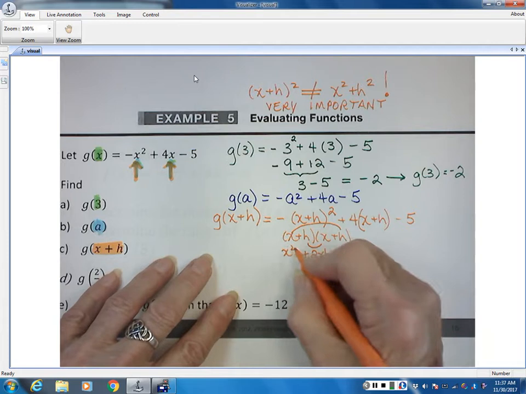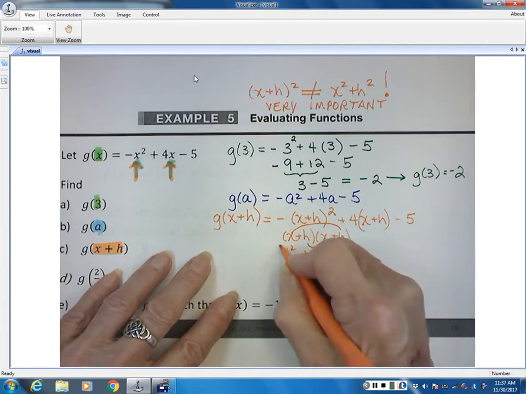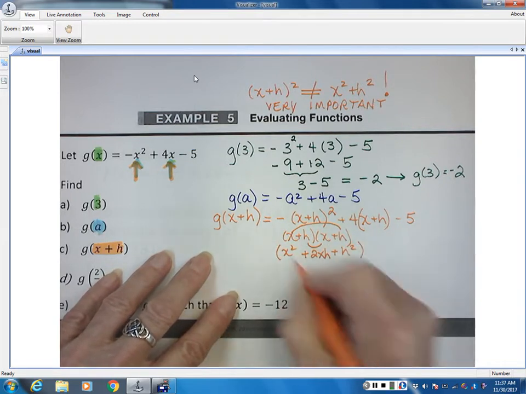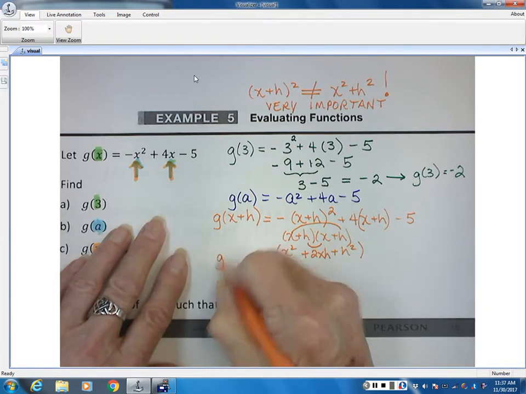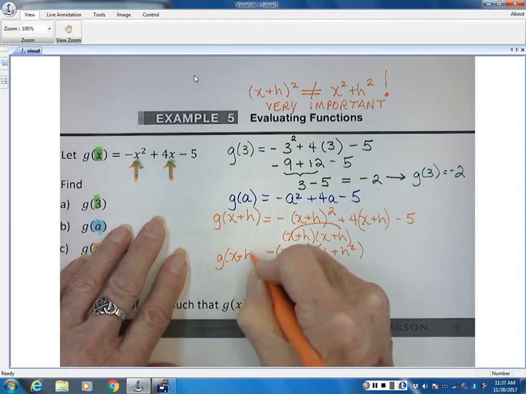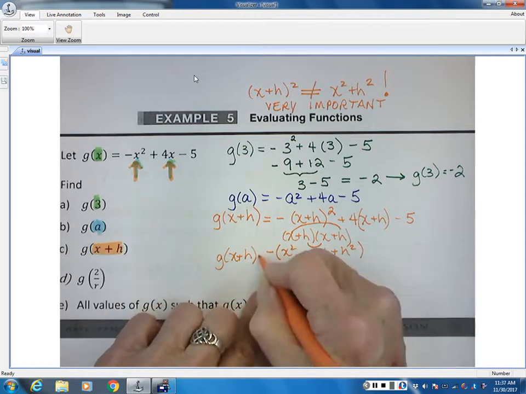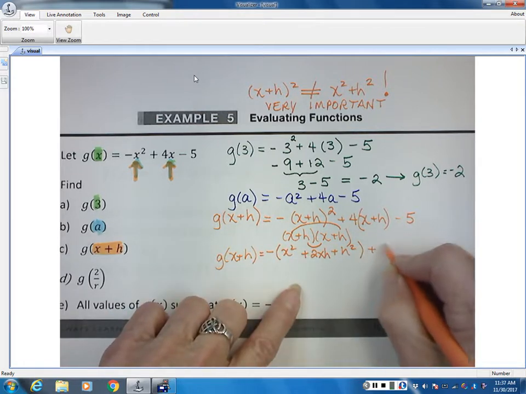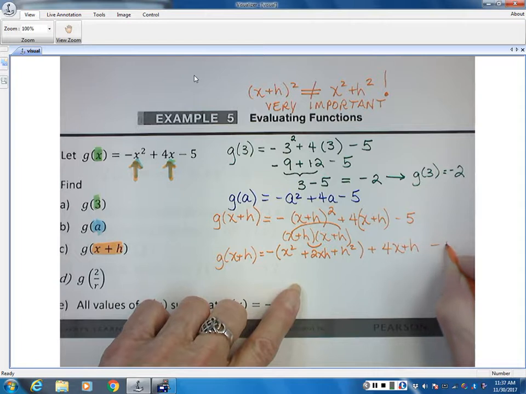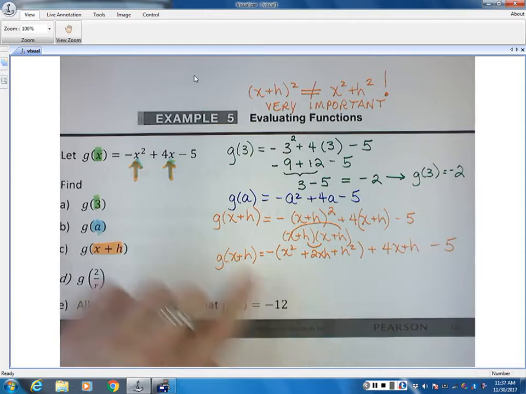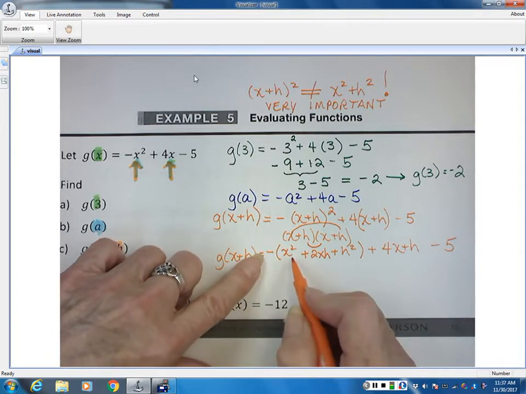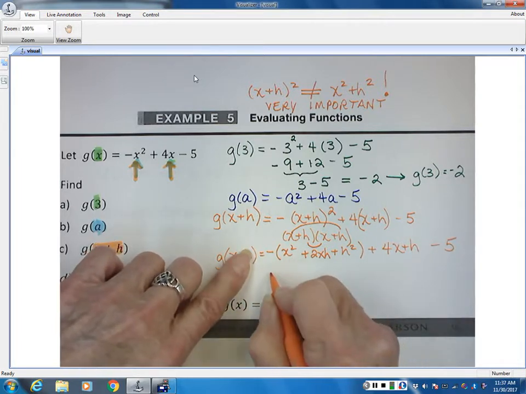What do you do with that negative sign? Then you distribute your negative sign. So that's going to be the opposite of x squared, so that'll be negative x squared.